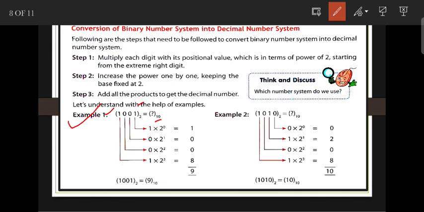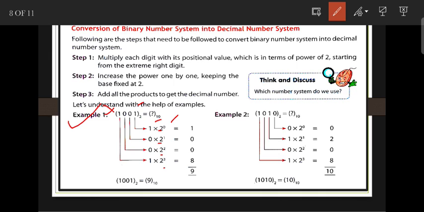This is the rightmost digit and this is the leftmost digit, and we multiply by powers of 2. This is the positional value 0, 1, 2, 3. When we move from right to left, the positional value increases.